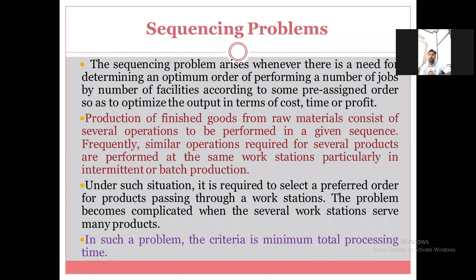Next point, production of finished goods from raw materials consists of several operations to be performed in a given sequence.